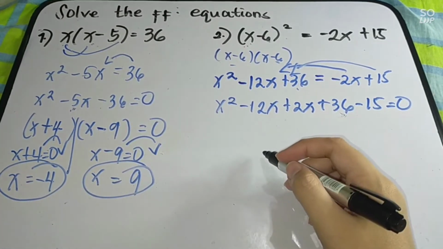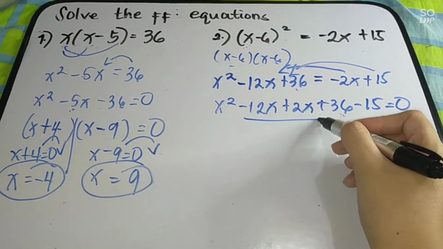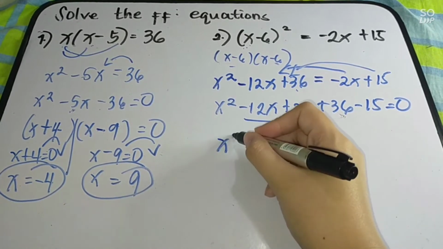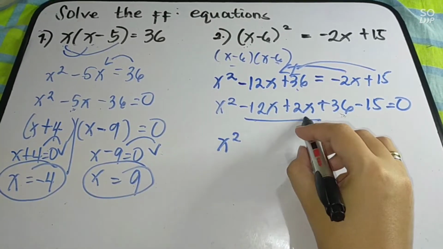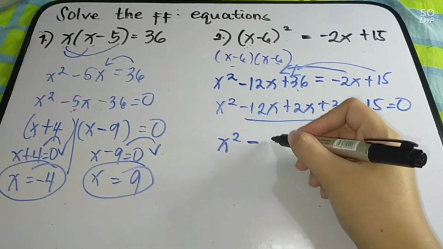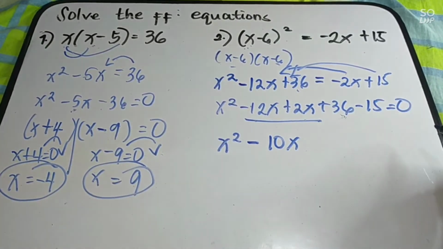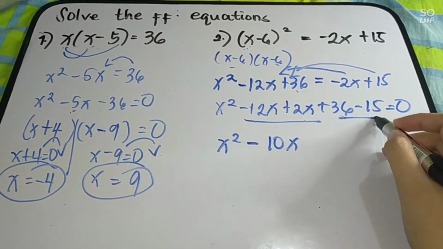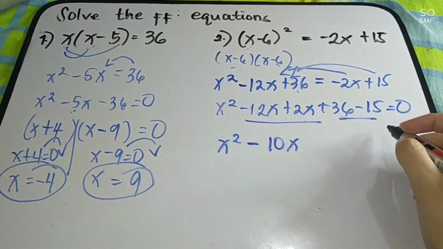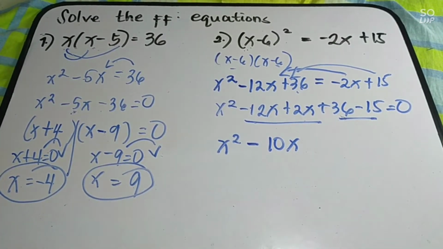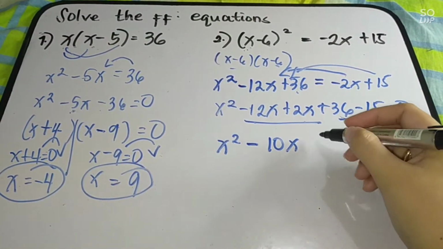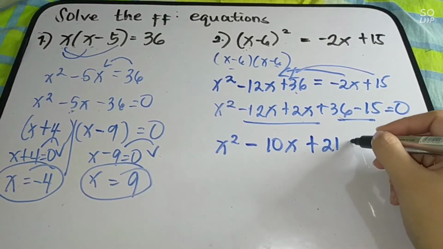Then, afterwards, you are going to combine like terms. So, you have here x squared, then negative 12x plus 2x, that is negative 10x. Next, 36 minus 15, the answer is 21. So, positive 21 is equal to 0.